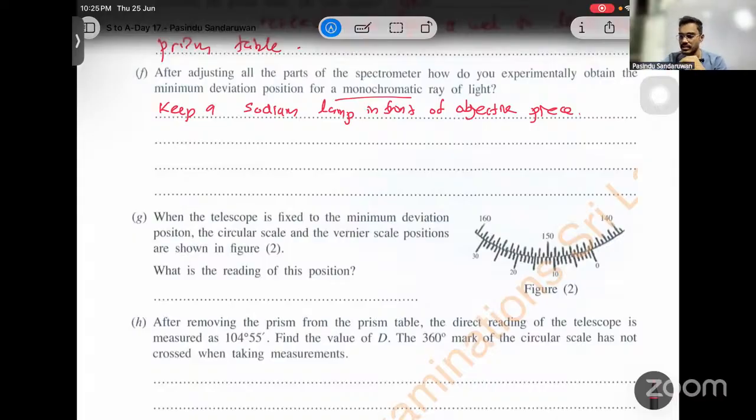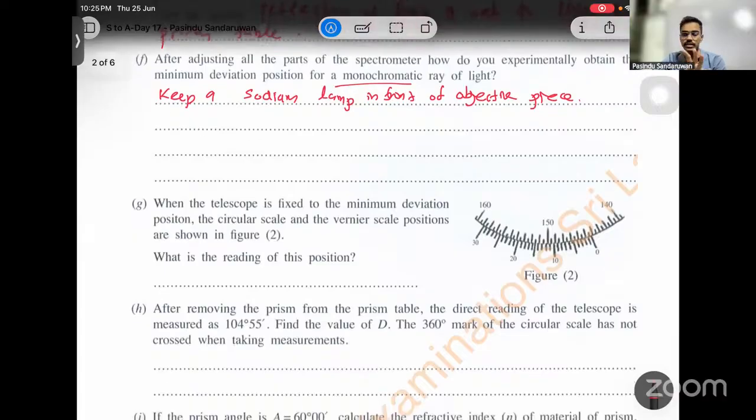Now, no need to mention everything here. When we keep the prism, we know something additional, but this is background. When you keep the prism, one vertex of the prism should be at the center of the prism table, and one side of the prism should be perpendicular to a line connecting two pins on the prism table, the PQR pins.